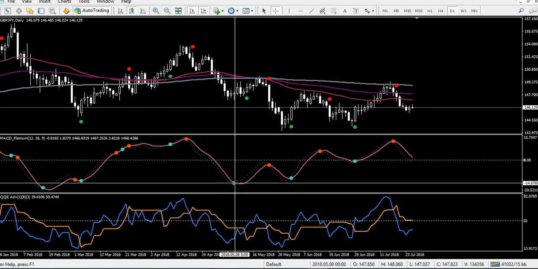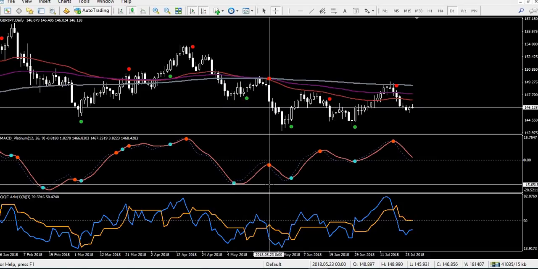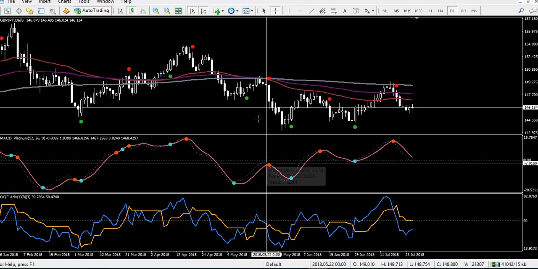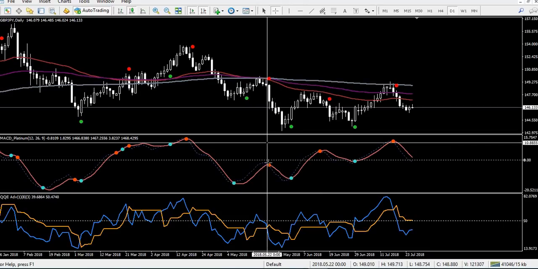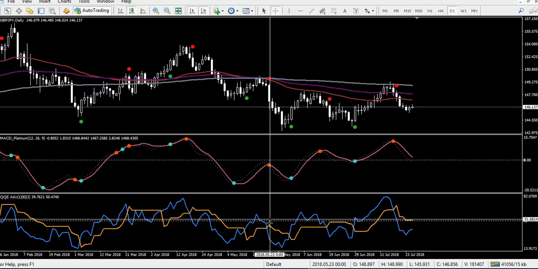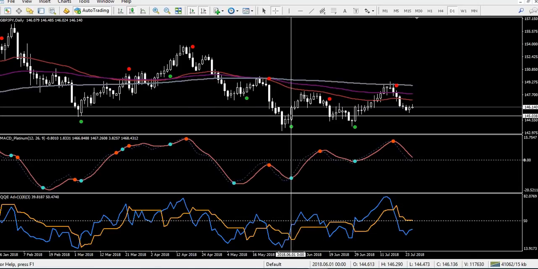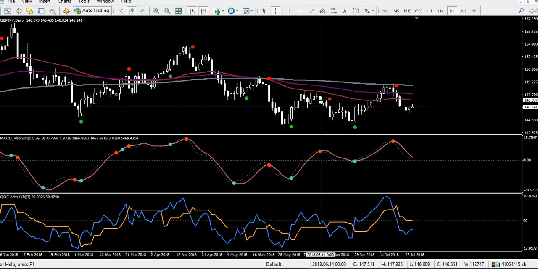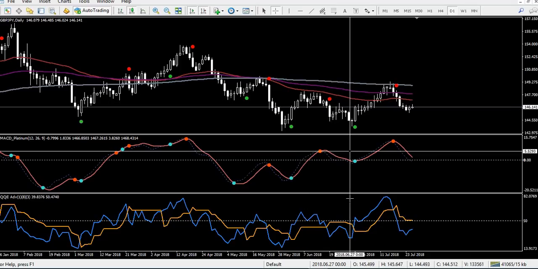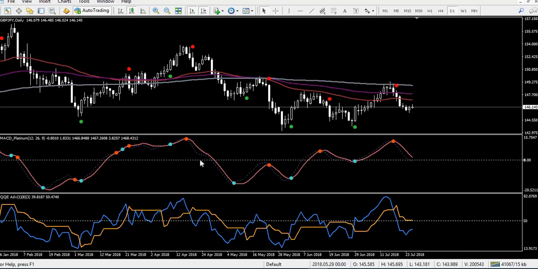Sometimes these happen together, the cross, and I'll see if I can find one. This one here is a good example. This red dot here, the red dot on the MACD Platinum and the cross happened all in the same candle. Same with this next blue one, it happened on the same candle. Doesn't matter when it happens. There are times, normally the MACD Platinum will give the dot first.